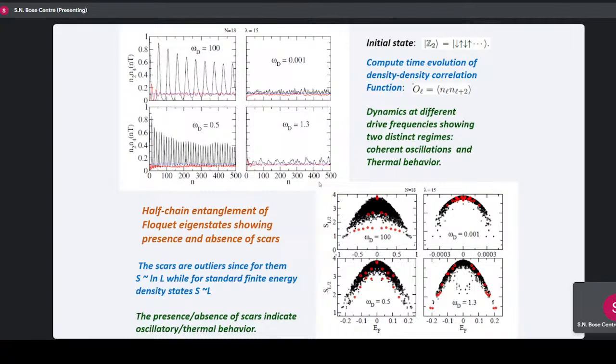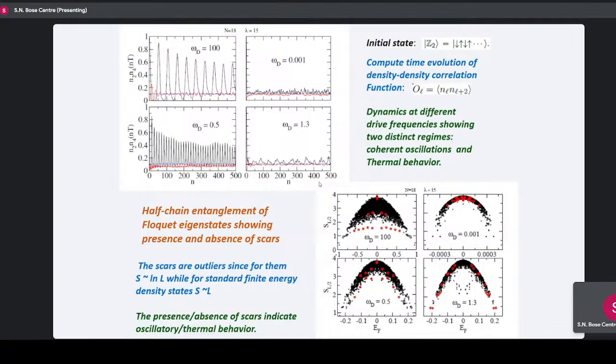One can check that the entanglement of this goes roughly as log L, whereas the other states are in the thermal band, where the entropy goes as a volume law, linear in L. So this shows the presence of these quantum scars out here.